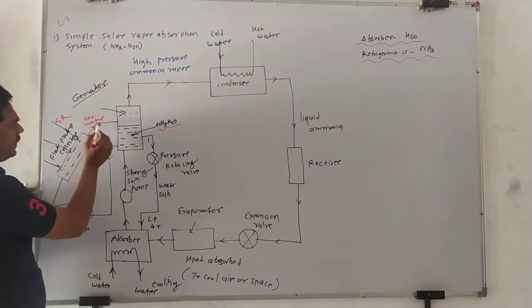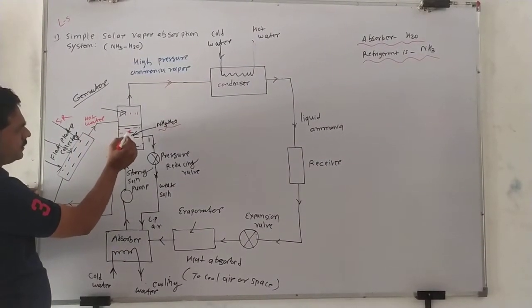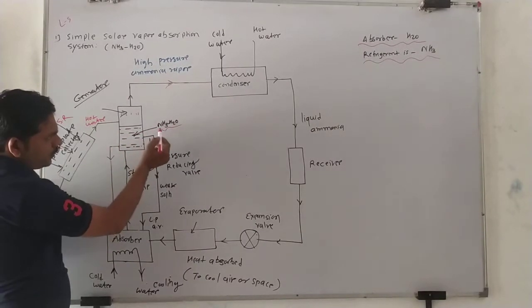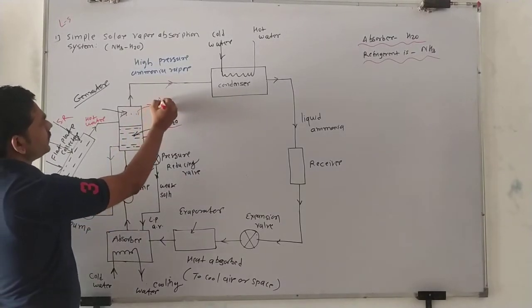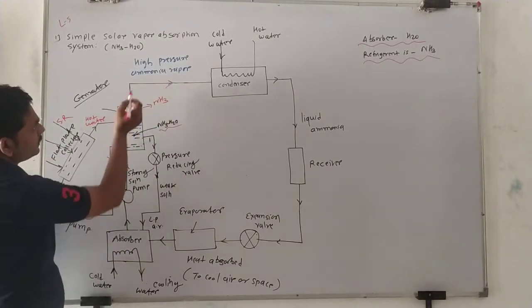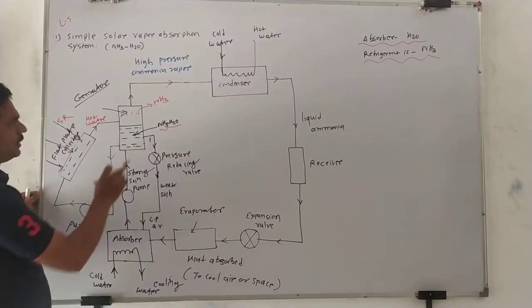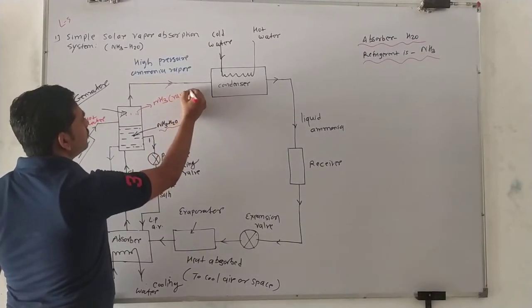When the heat is supplied, from the NH3-H2O in the generator, the ammonia, NH3, is separated, and this high pressure ammonia vapor is passed into the condenser. So this NH3 is in vapor form.